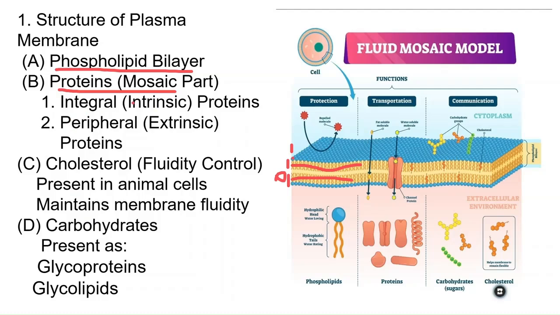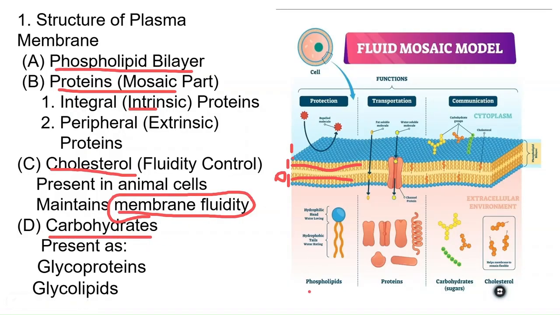Integral means they are present inside or embedded. Peripheral, they are present on the surface. Then we learnt about cholesterol, which is present in animal cells. The main function of cholesterol, where children get confused, is that cholesterol maintains the membrane fluidity. And of course it is made up of carbohydrates.